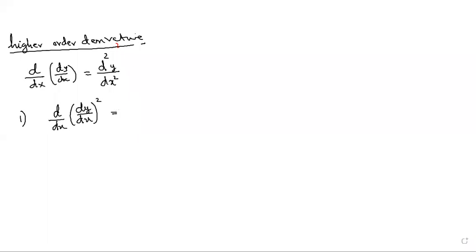So what will be your answer? 2 into dy by dx into the derivative of dy by dx, which I can write as 2 dy by dx into d2y by dx2. I hope you understood. Is it clear?